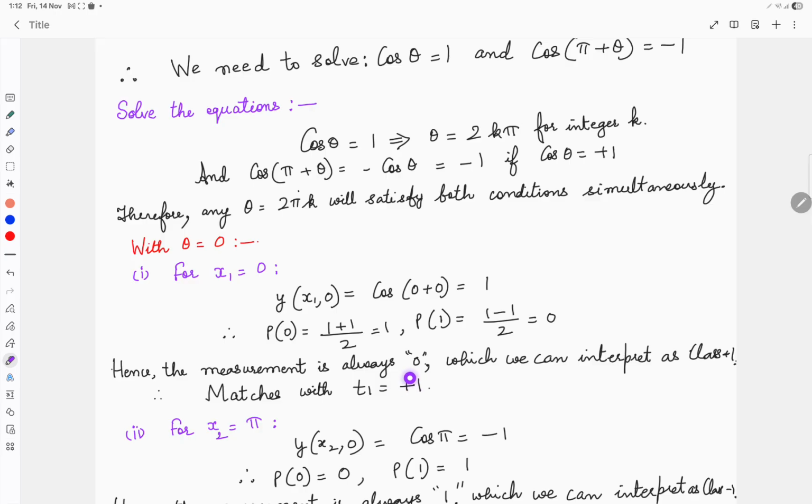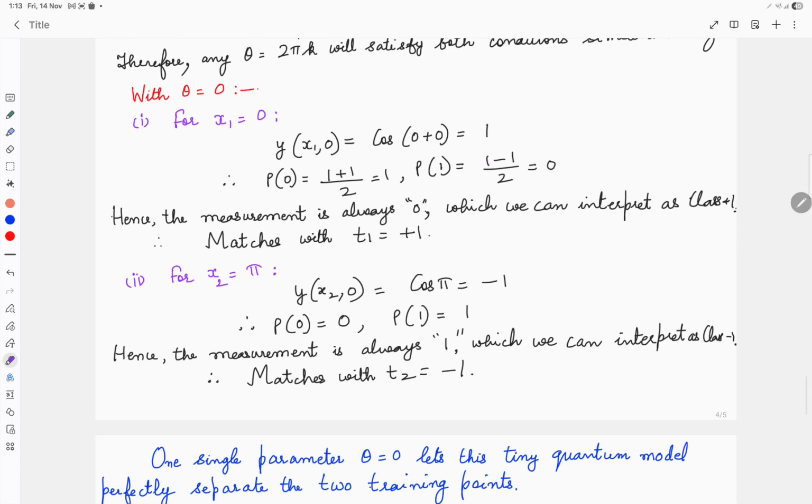So if it is one class for data point x1, for data x2 equal to pi, it should get the other class, right? So for y of x2 comma 0, cos pi is -1. If we again calculate the probabilities, we will get 0 and 1. In this case, probability of 1 will be equal to 1. So therefore the measurement is always 1, which we can interpret as class -1, matches with the second target.